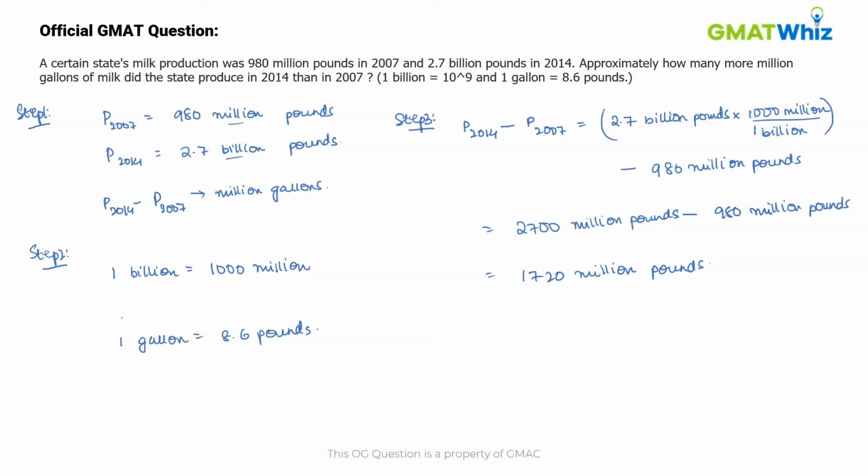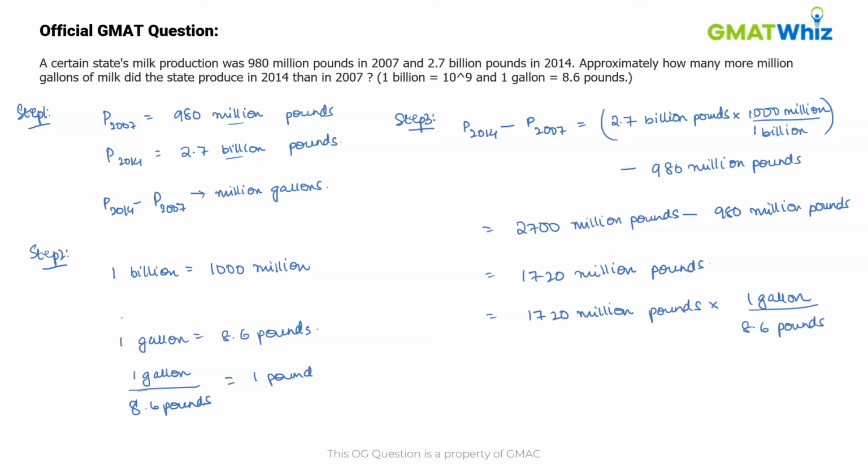Now we know that 1 gallon is equal to 8.6 pounds. So we can write 1 gallon divided by 8.6 pounds will be equal to 1 pound. Now, substituting the value of 1 pound here, we get 1720 million pounds times 1 gallon divided by 8.6 pounds.